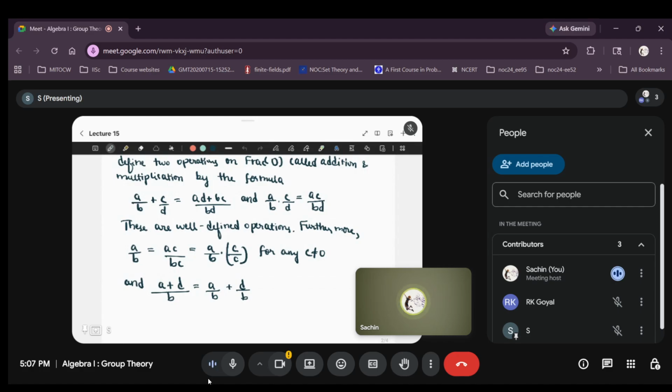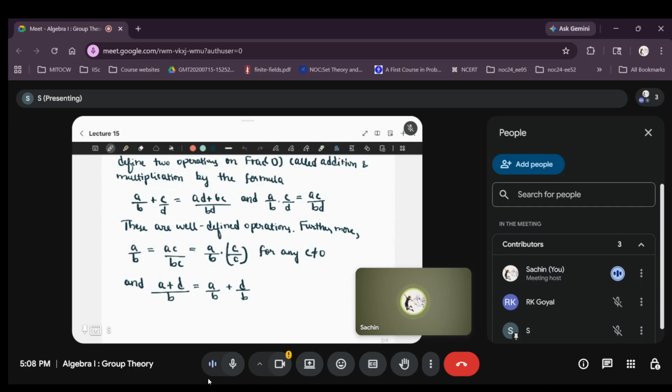Similar to how functions work, you can't define a function on rational numbers that says f of a by b is equal to e power a plus b. If you define it that way, then f of half would be e power 3, but in the real number system, half is the same as 2/4.